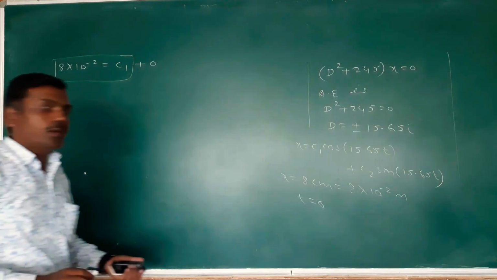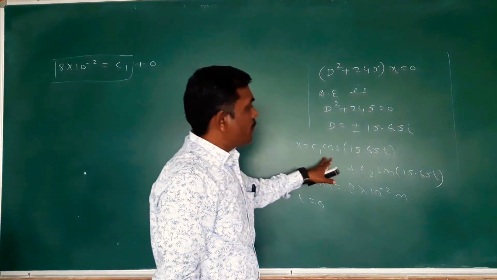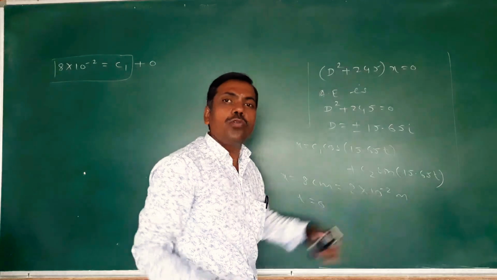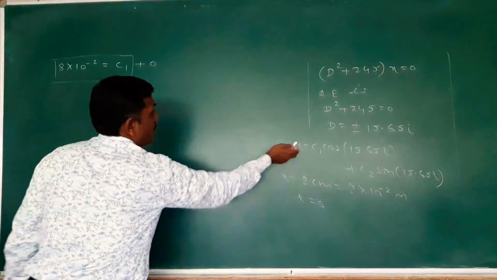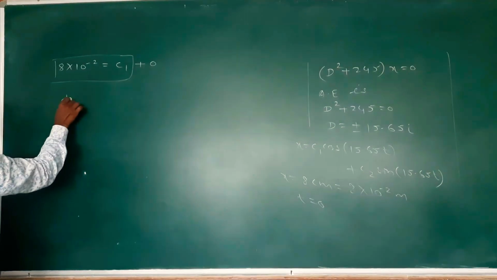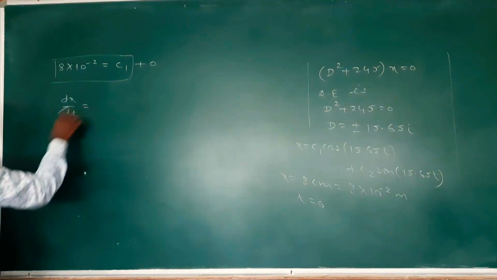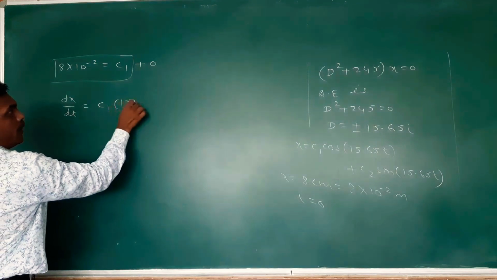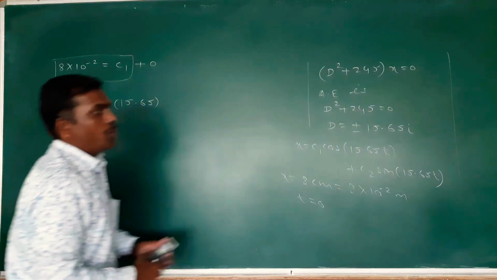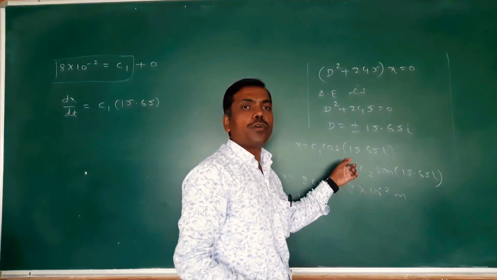Right? Getting C1. Now you can substitute that C1 here, and how to find C2? For that I need velocity. So find dx/dt. dx/dt is equal to C1 into 15.65, because we know the derivative of cos is minus sin.